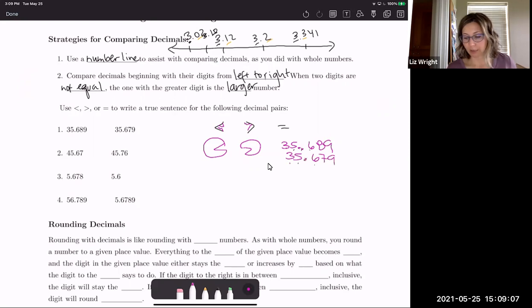The decimals are lined up. If the decimals weren't lined up, that would be a problem. But then right here, the 8 is bigger than the 7. So 35.689 is going to be bigger than 35.679.